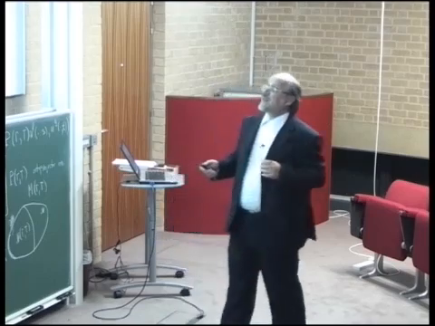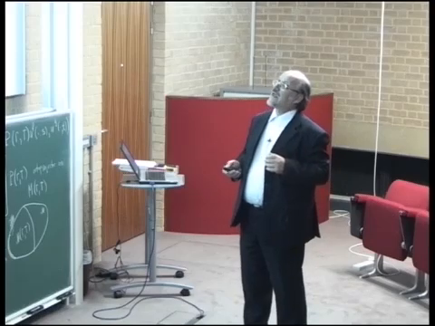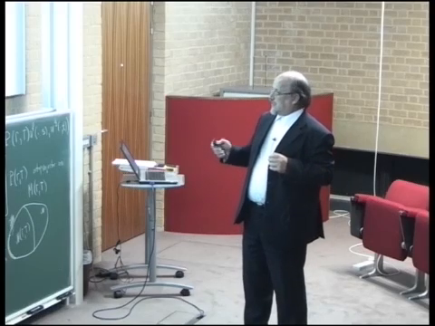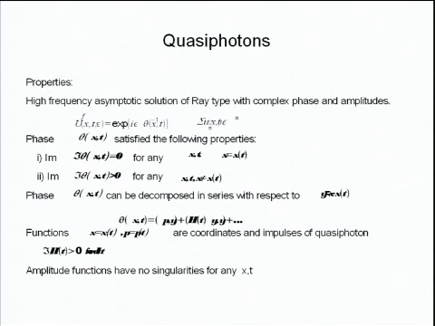Then the next properties of these Gaussian beams. What is this function x of t? What is the trajectory of the centrum of this quasi-photon, the maximum amplitude of this quasi-photon? This is in fact a point which moves along the geodesic of the metric corresponding to the operator. So this is absolutely geometrical.